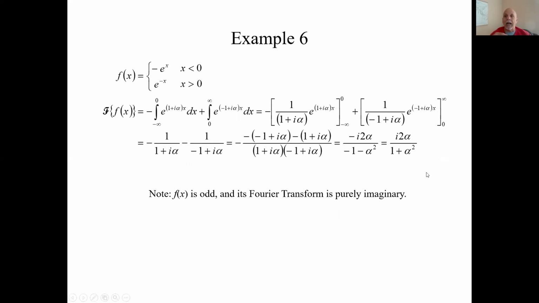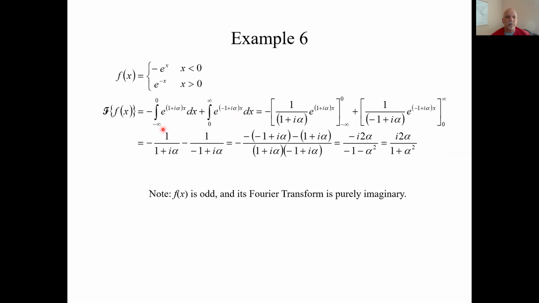Well, let's look at an odd example now. This is an odd function. Let's find its Fourier transform. Because it's two different things for positive and negative x, we've got to break up the integral. These are integrals you can do without resorting to a table, e to the ax type stuff. I'm not going to go through the integral evaluation.